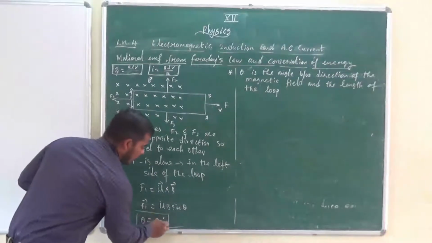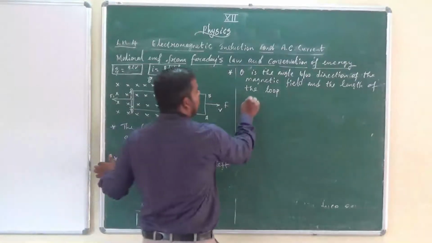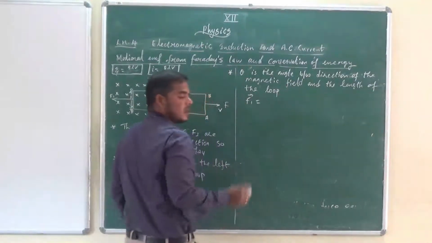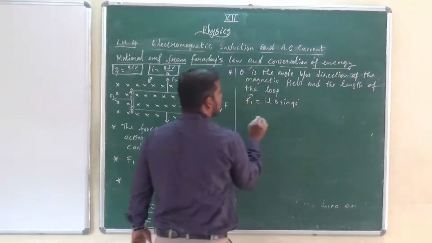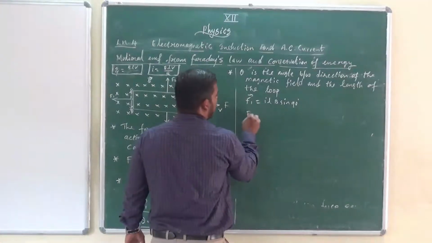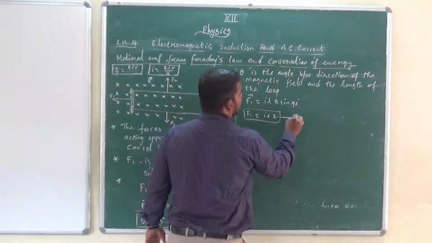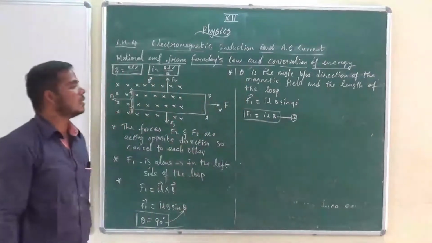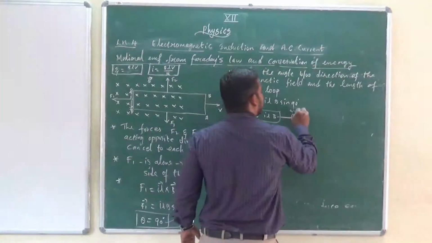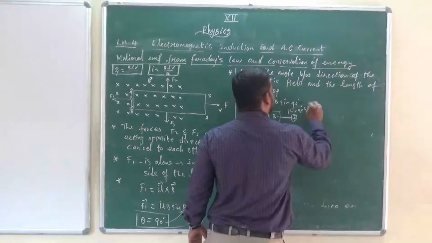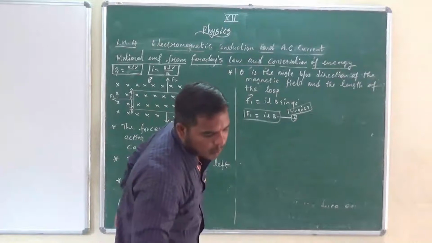Now substitute theta equal to 90 degree in the magnetic deflecting force equation: I L B sin 90 degree. Sin 90 equals 1 from the trigonometric table. So F1 equals I L B. This is equation number 3.